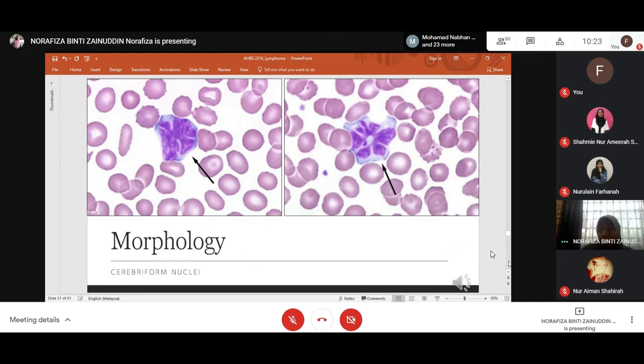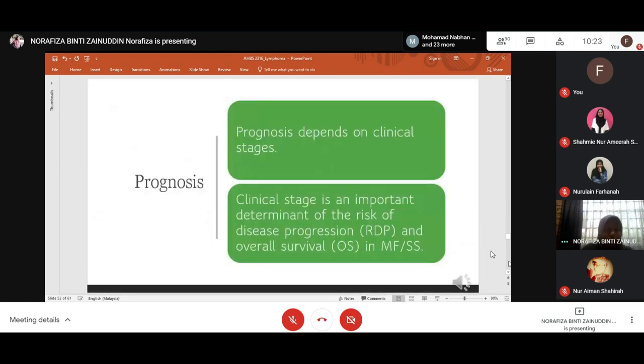Cerebriform nuclei. So, the prognosis depends on clinical stages. Clinical stage is important in determining the risk of disease progression and also overall survival. The staging refers to WHO or European Organization for Research and Treatment of Cancer.